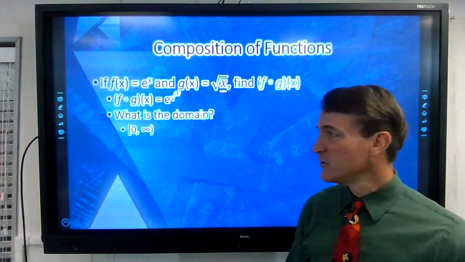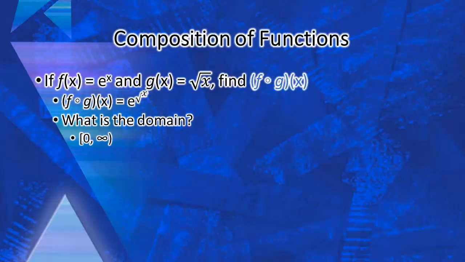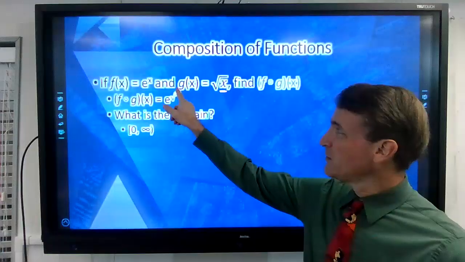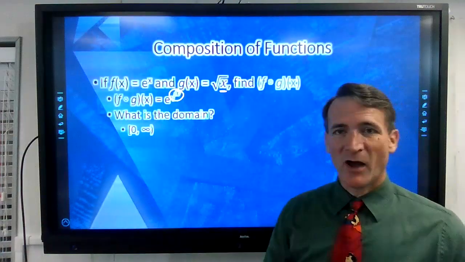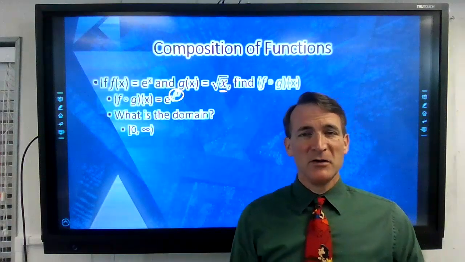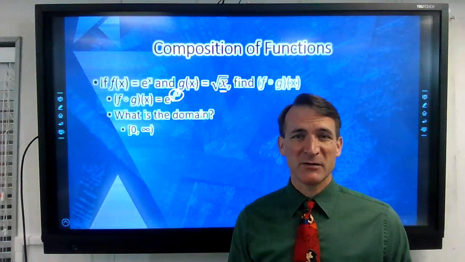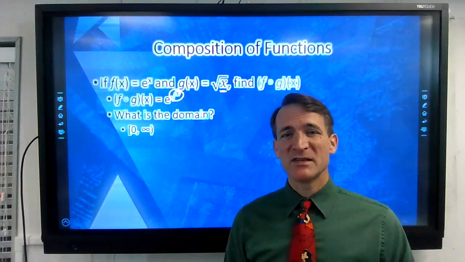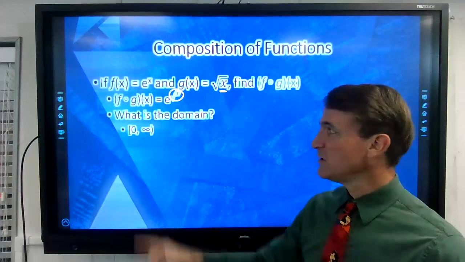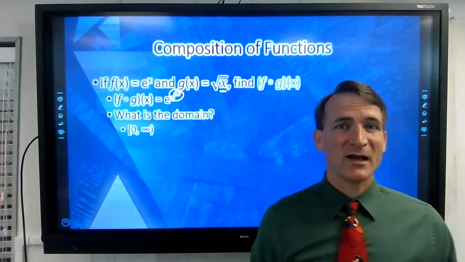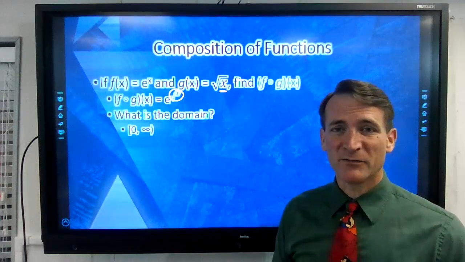My domain is going to just be from 0 to infinity. Am I limited in my exponent values there? No, I could have a negative exponent value, I could have a positive, I could have a 0. So the second piece is not limiting. What is limiting is that square root, because I cannot take the square root of a negative.